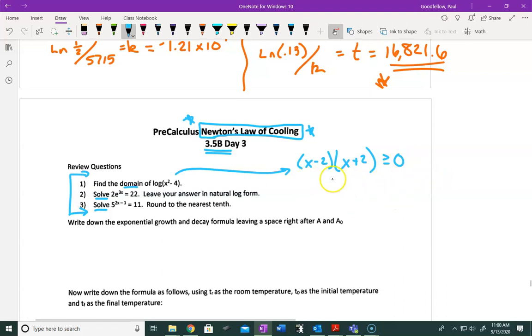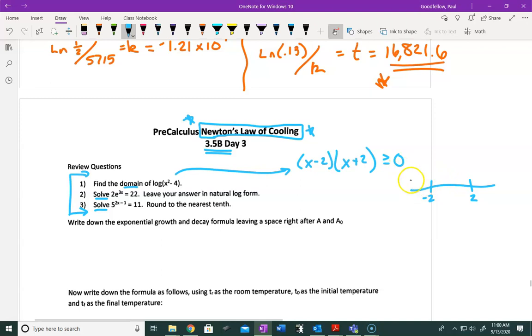The easiest way to think of this particular domain would be to think that you're ultimately going to get these two roots on the number line, negative 2 and 2, and you're really asking when is that particular expression going to be greater than 0, or positive.